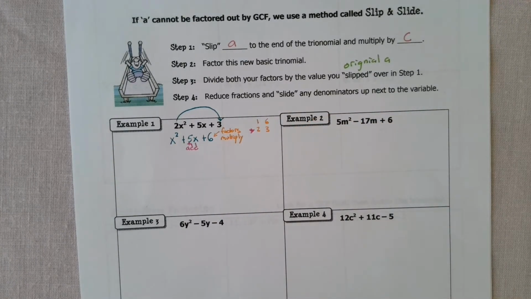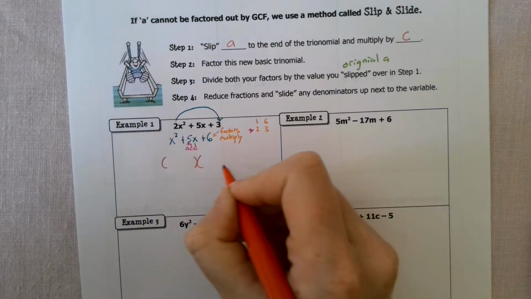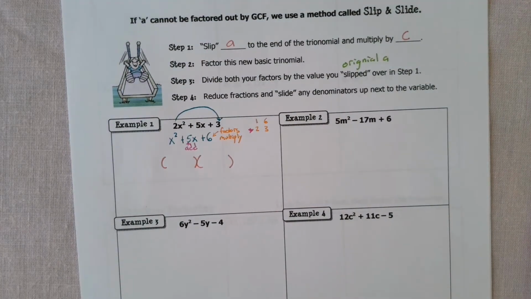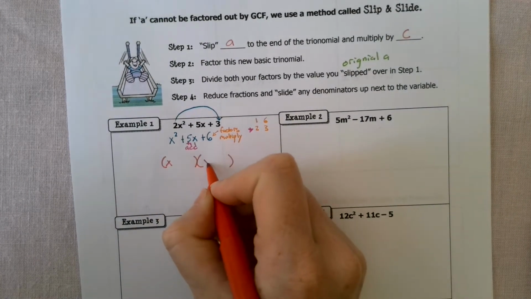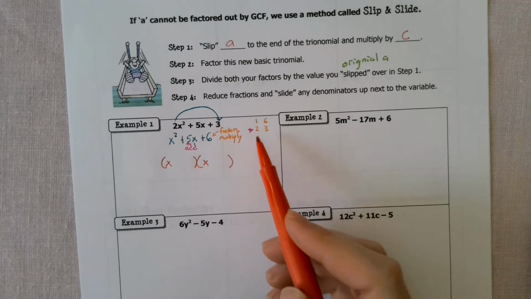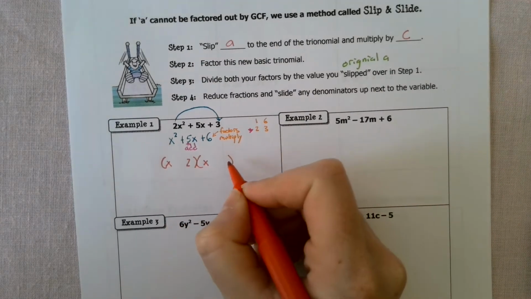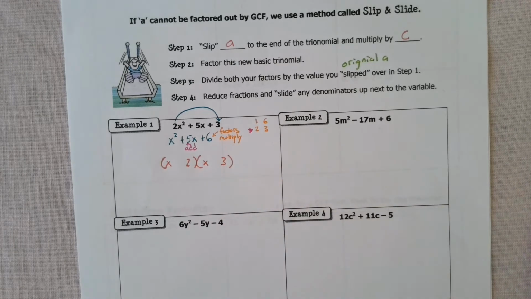Okay, so what we're going to do next is we're going to draw 2 parentheses. Okay, and whatever letter they give us, we're going to put one of them in each of our parentheses. Now we said we were going to use the 2 and the 3, so we're going to put a 2 here and a 3 here. It does not matter. You could also put a 3 here and a 2 here.